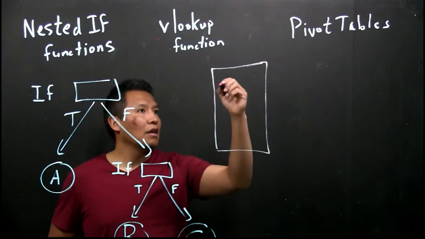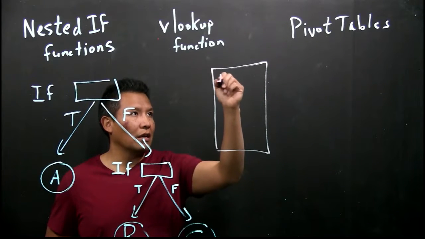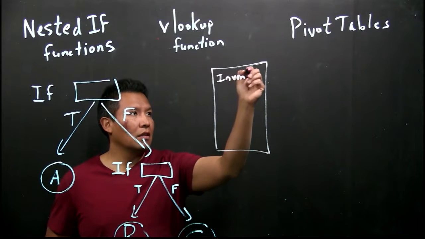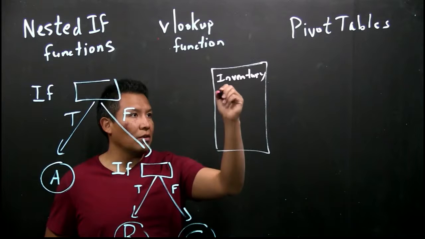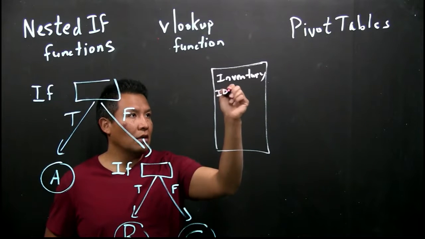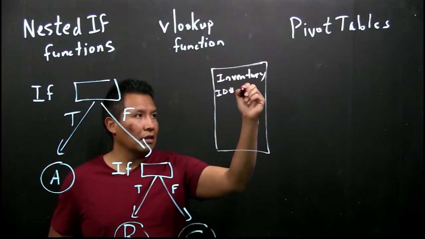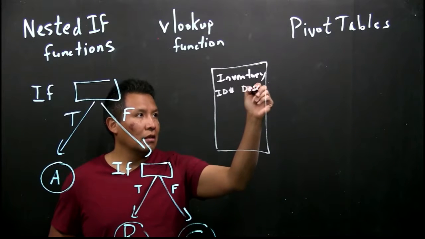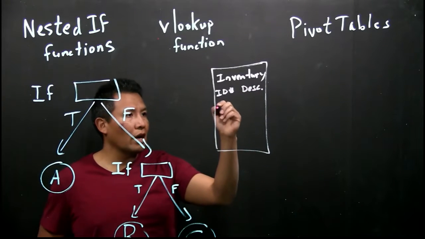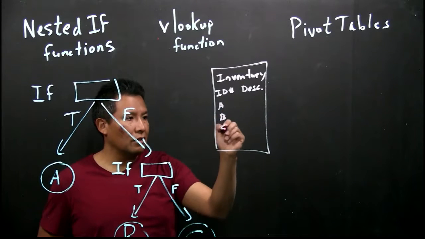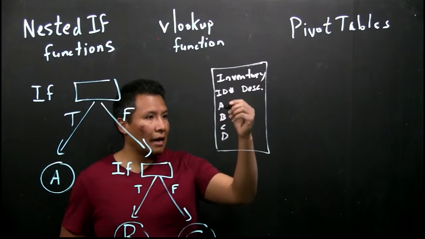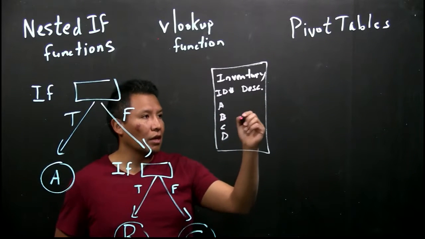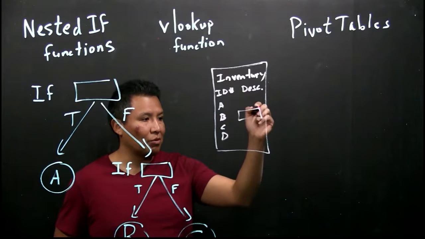So for example, if you have inventory and inside that structured data set you had an ID number followed by a description, you could look up item A, B, C, or D using the vlookup function. And if you looked it up by ID number, you can look up the corresponding description.